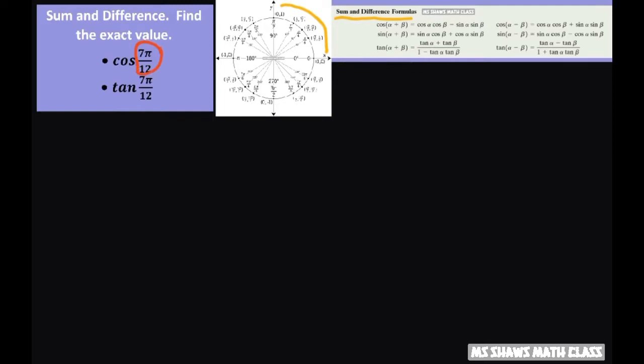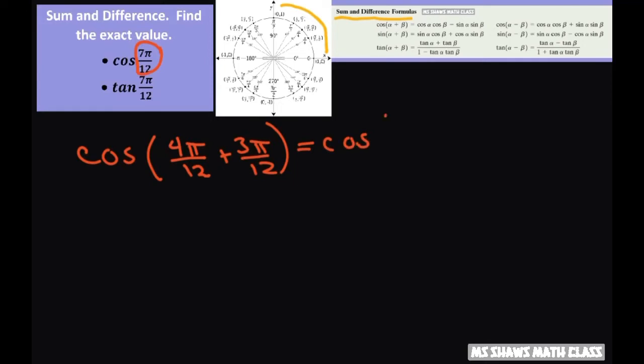For example, I can write cosine of 7 pi over 12 as 4 pi divided by 12 plus 3 pi divided by 12. And when you reduce these fractions, you're going to get pi divided by 3 plus pi divided by 4.